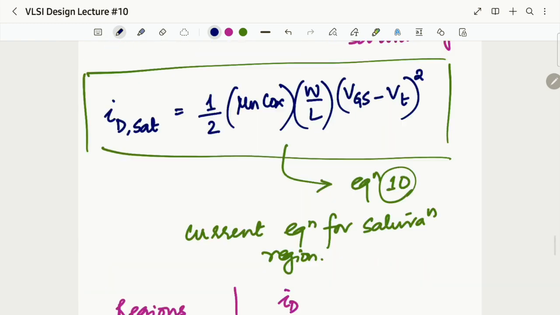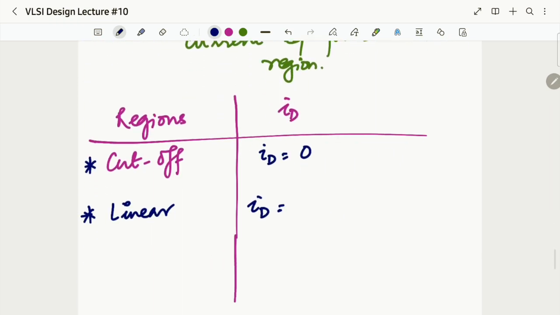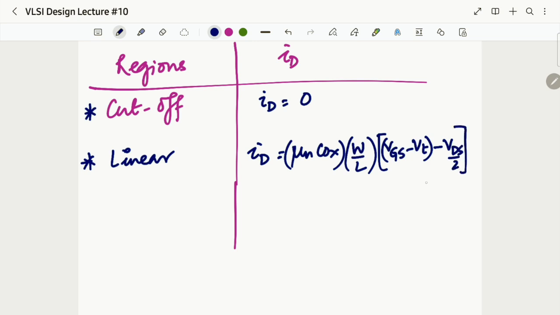It is mu n cox W by L, VGS minus VT minus VDS by 2 multiplied by VDS.